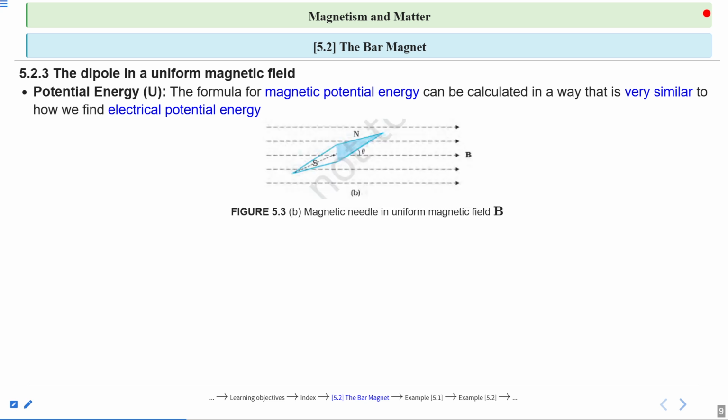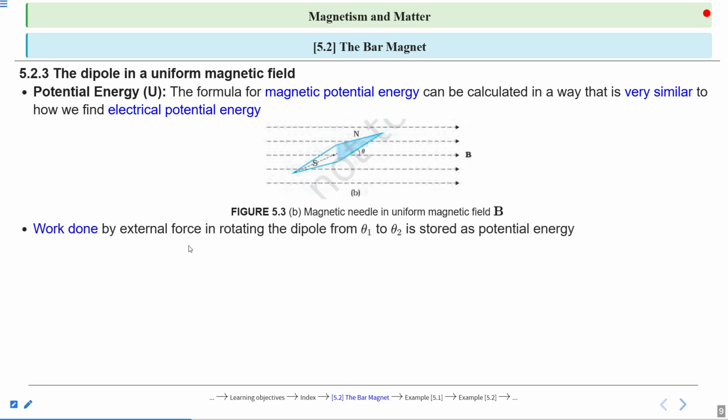This magnetic field is horizontal. There is a magnetic needle placed in the magnetic field at some angle theta. This is the south pole, this is the north pole. Figure 5.3b, magnetic needle in uniform magnetic field B. Work done by an external force in rotating the dipole from theta 1 to theta 2.